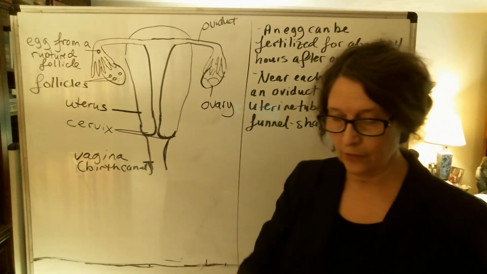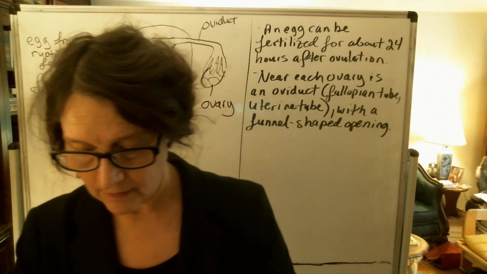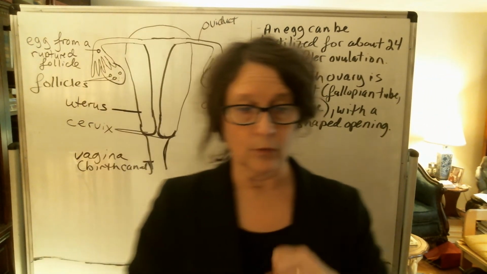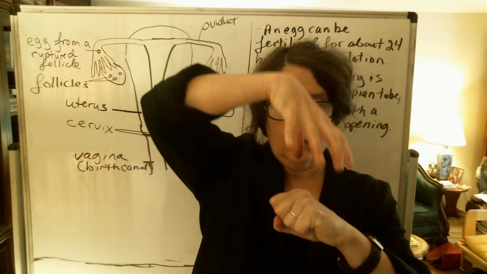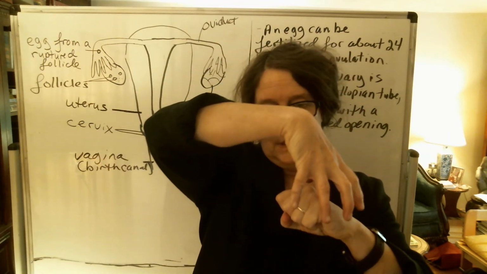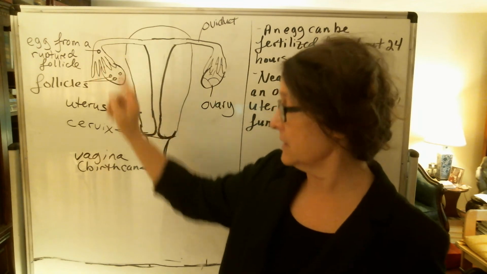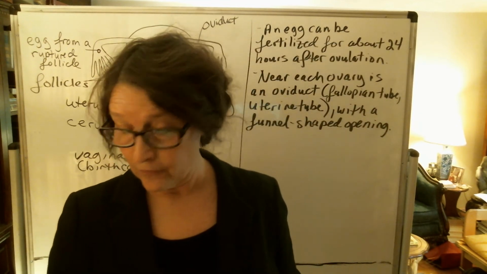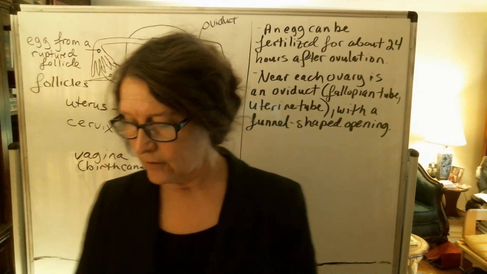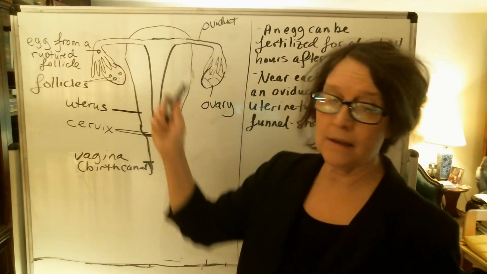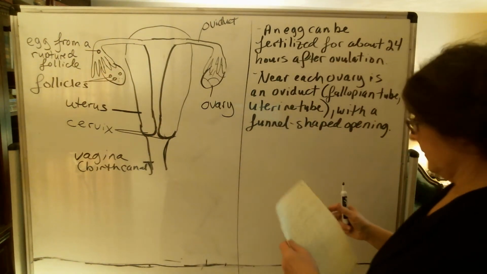So you have an ovary, and then you have this funnel-shaped opening with these little finger-like projections that I've put in there known as fimbriae. And they make, as I said, something like a funnel.